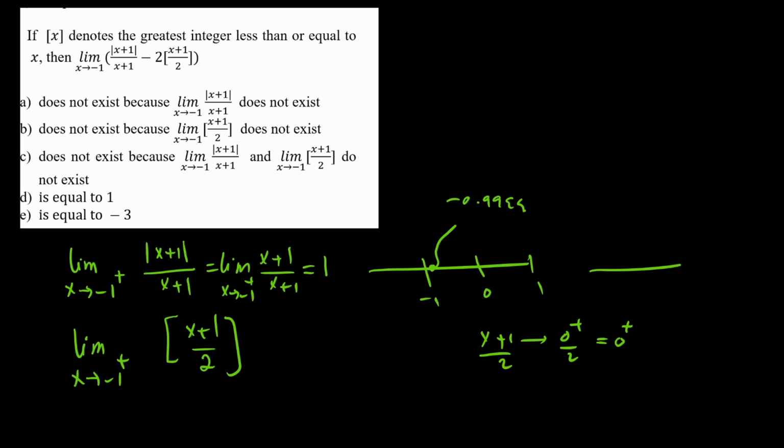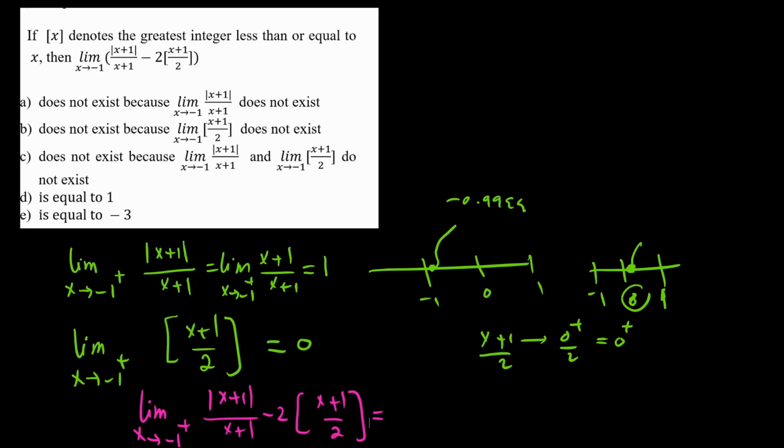And therefore, if this is 1, this is 0, this is minus 1, we're looking at numbers here very close to 0, but from this side, and the greatest integer of that number, which is not an integer, will be the very first integer to its left, which means it is equal to 0. And therefore the whole expression is going to be equal to 1 minus 2 multiplied by 0, and the answer to that is just 1.